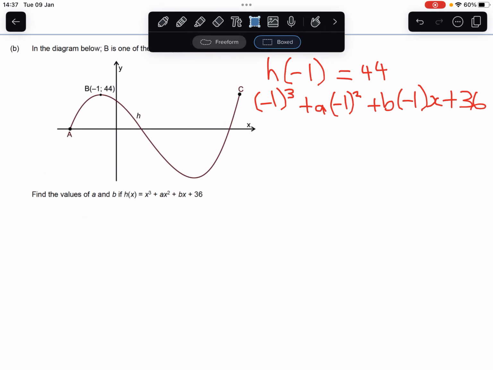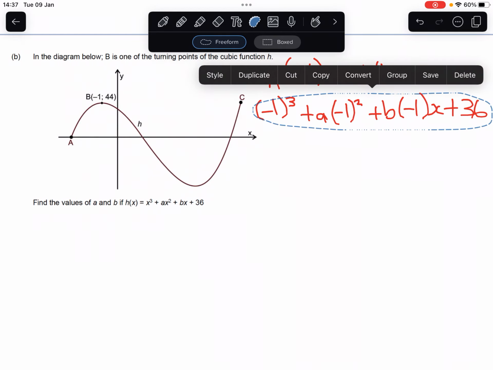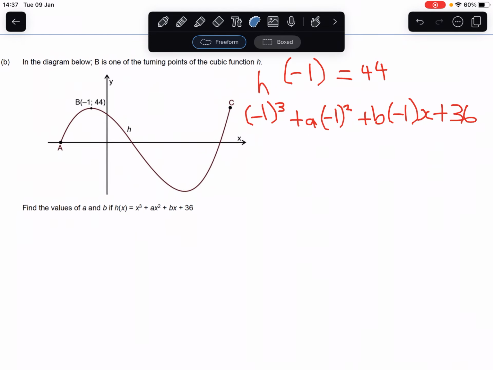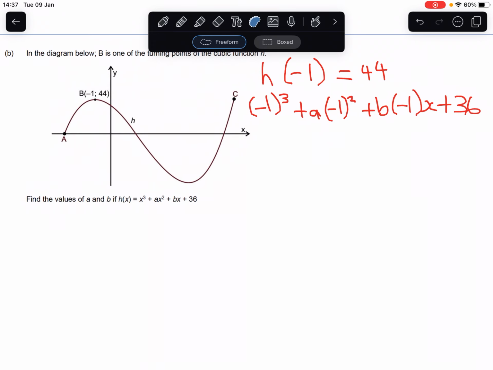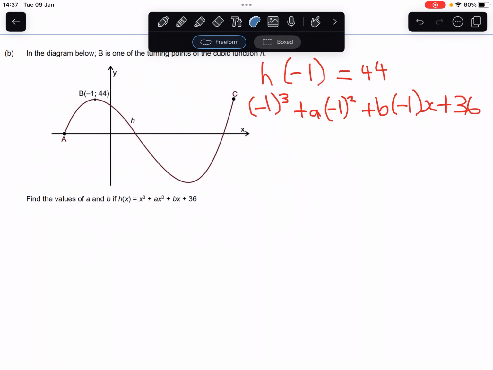Okay, we have run out of space, y'all. Maybe let's do this. It's going to move everything. Okay, maybe let's take this one.